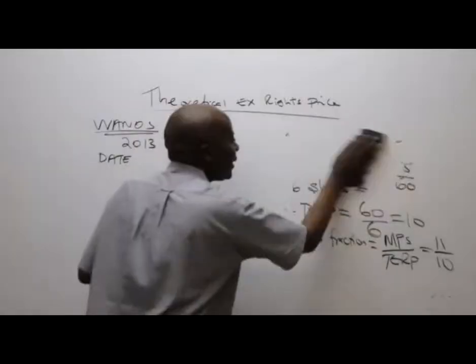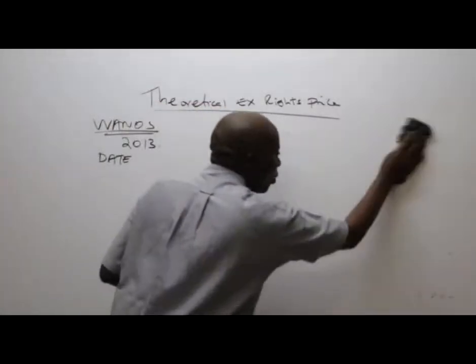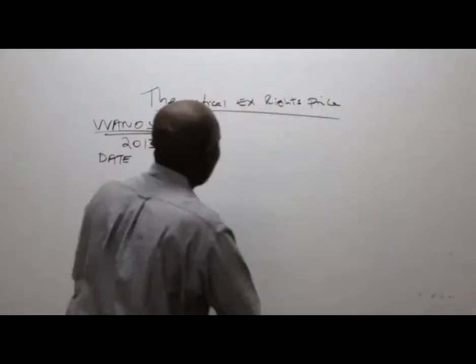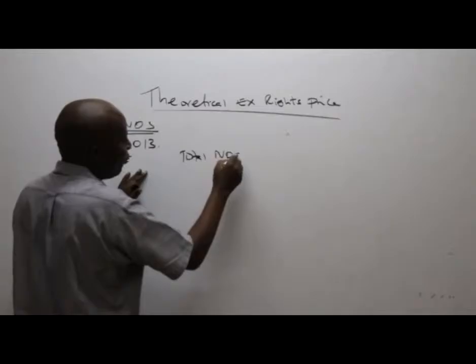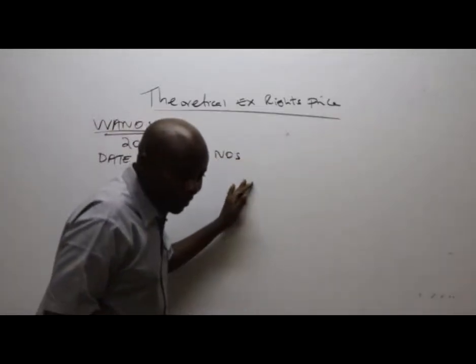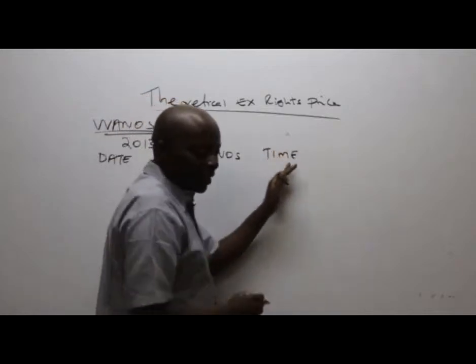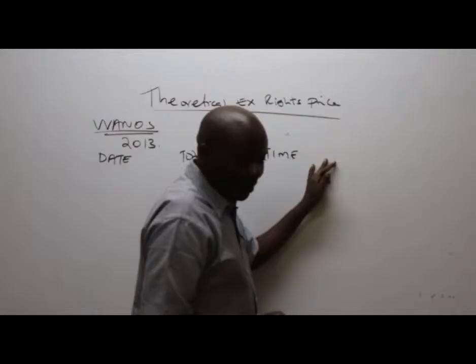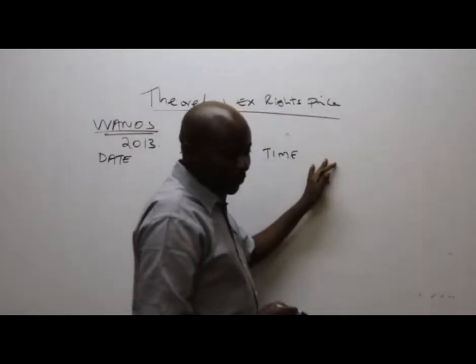So we have the date. Now, out of this date, I would want to know the total number of ordinary shares. After that, we have the time. After that, the bonus fraction.